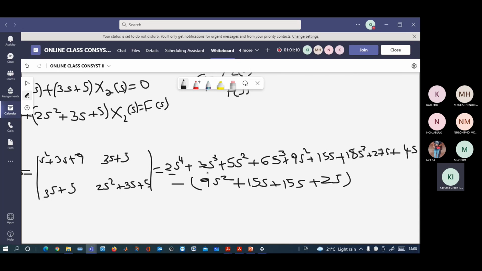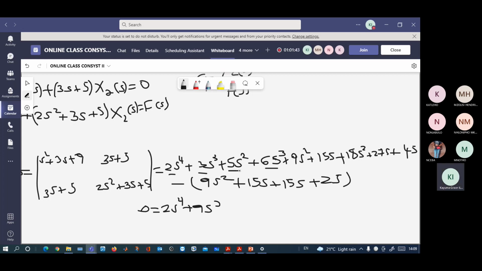For s to the power 4 we have 2. For s cube we have 3 plus 6, so plus 9s cube.